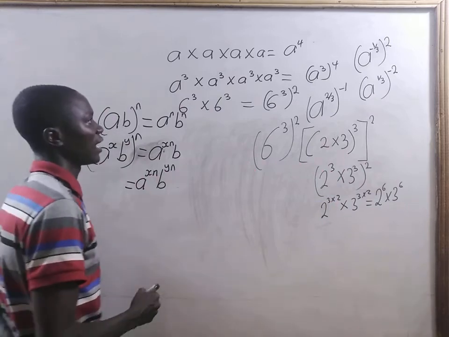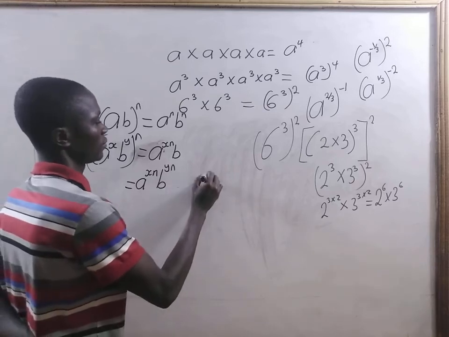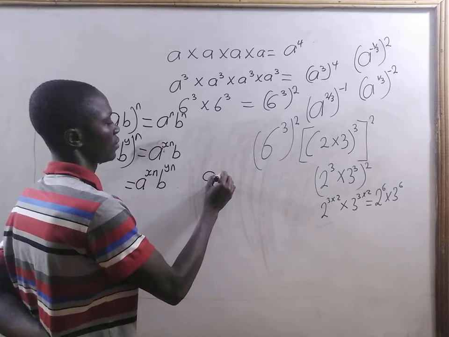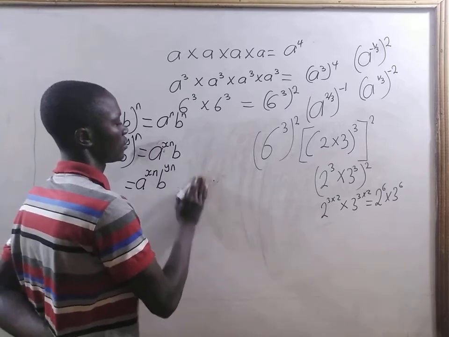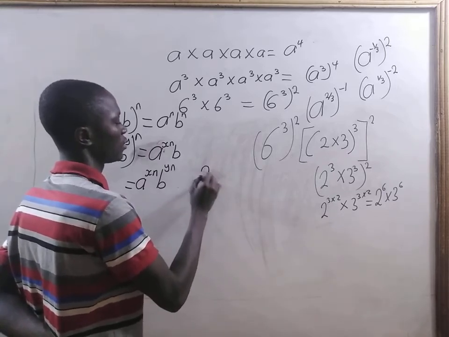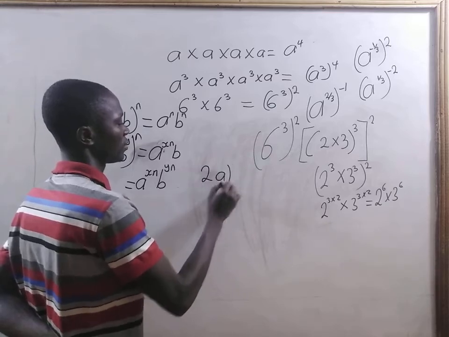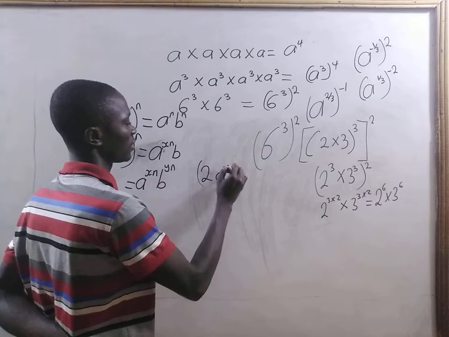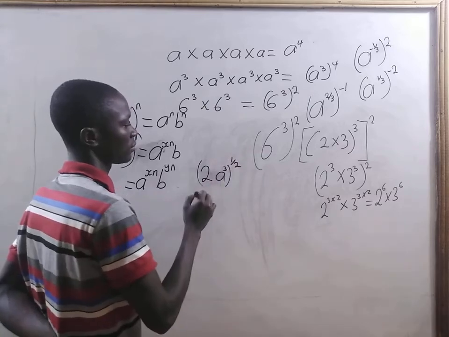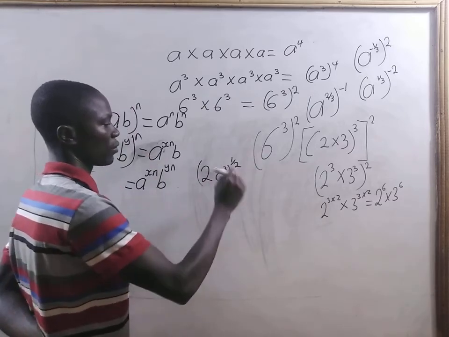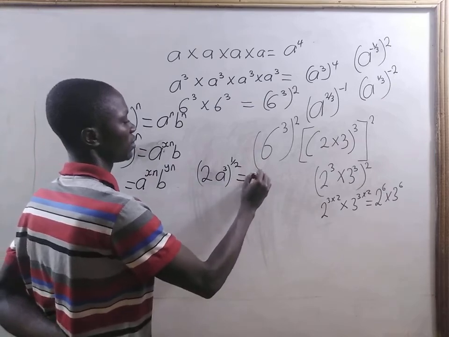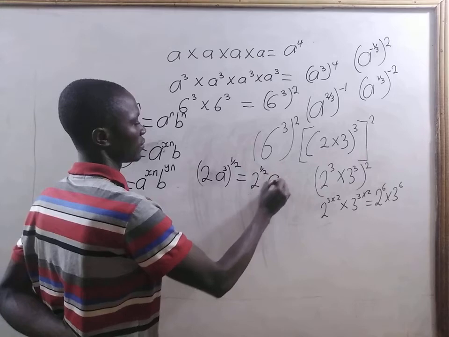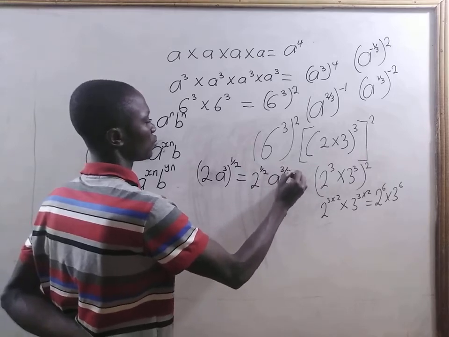Now, if I have 2A power 3, all power half. This is the power. So this will give me 2 power half, A power 3 out of 2.